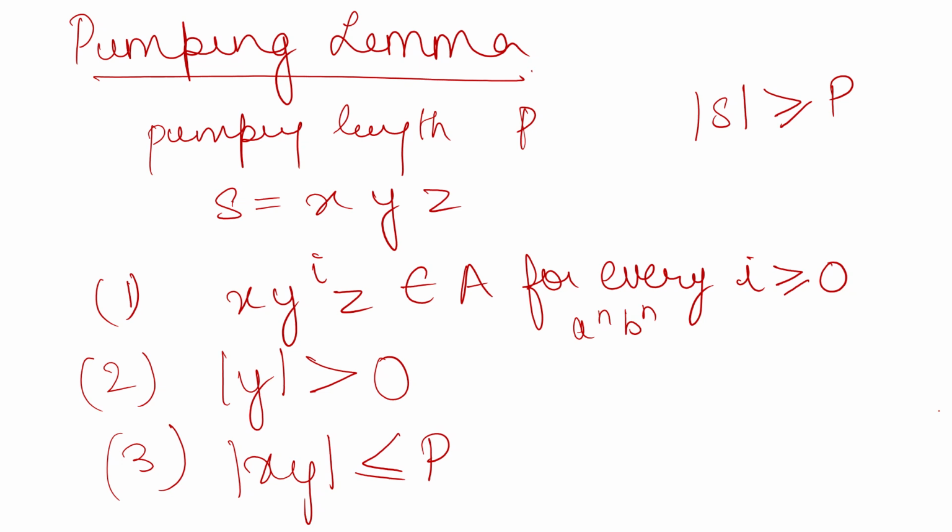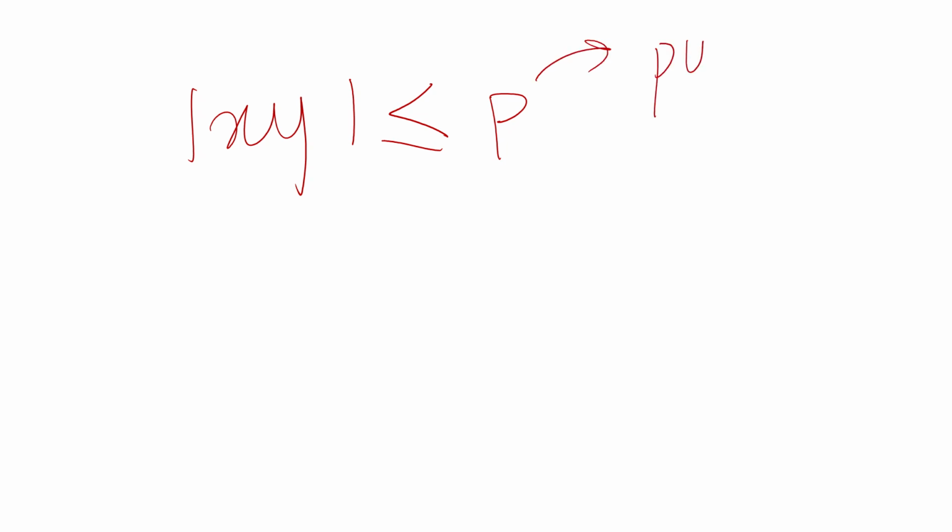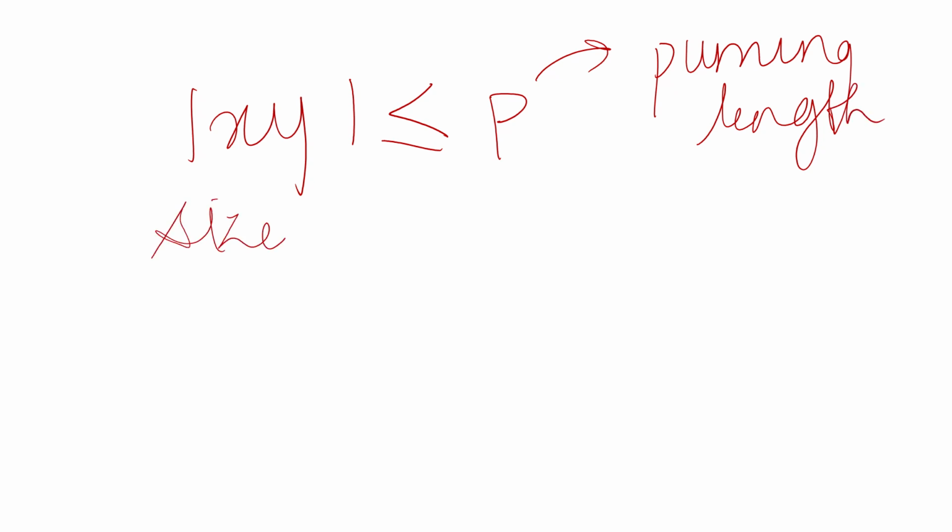Please remember when we say |xy| is less than or equal to p, here p is your pumping length. It can be referred to as n also at some places. That means the size of x and y should be less than or equal to p.